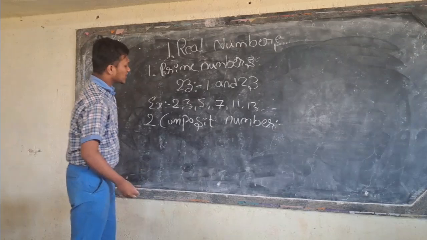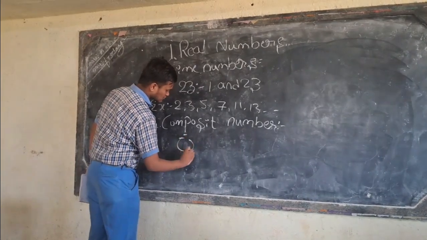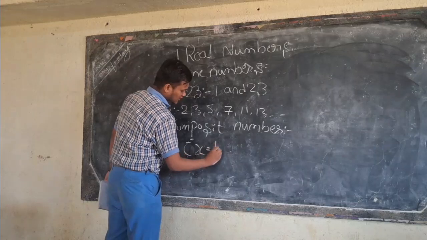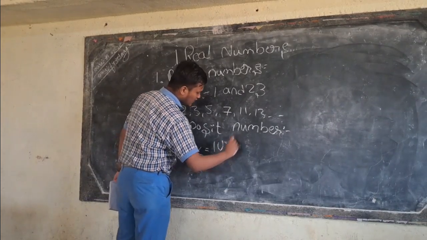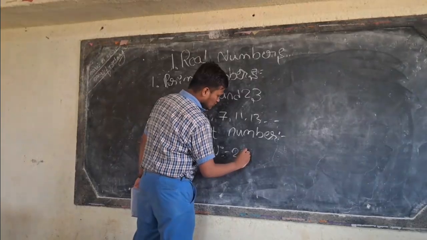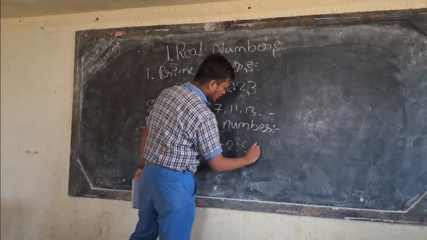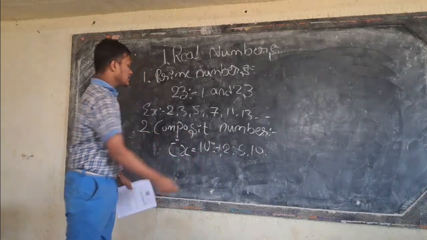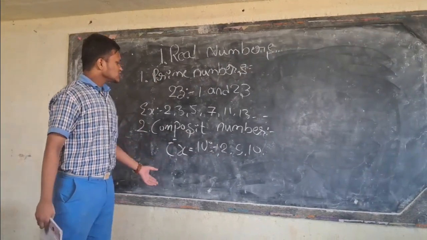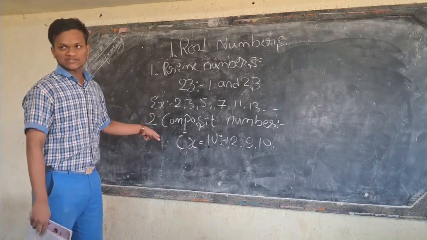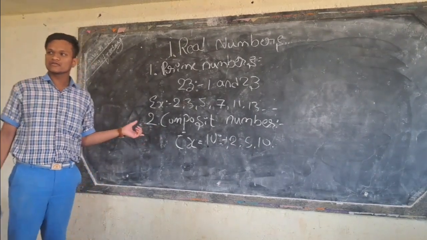For example, 10. The factors of 10 are 1, 2, 5, and 10. Hence it is known as a composite number. Clear? Any doubt?